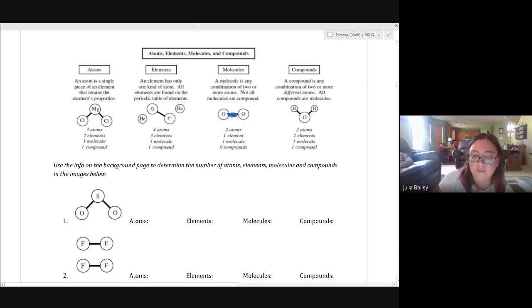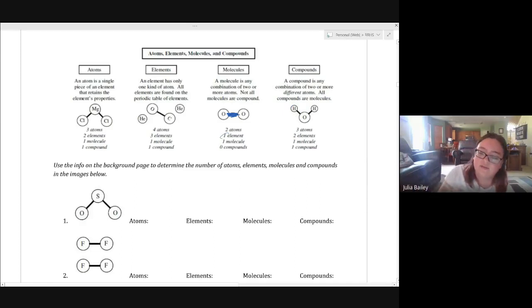So you can have a molecule that is only an element because there's only one kind of atom. You can also have a molecule that is a compound because there's more than one type of atom there. Here we have H and another H, but we also have an O, and these are all combined together. The fact that they're combined together is what makes them a molecule. The fact that there's two different kinds of elements there, H and O, is what makes it a compound.